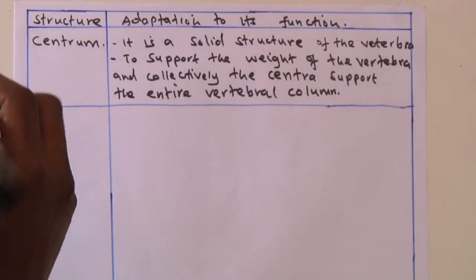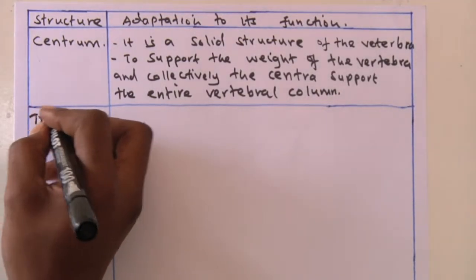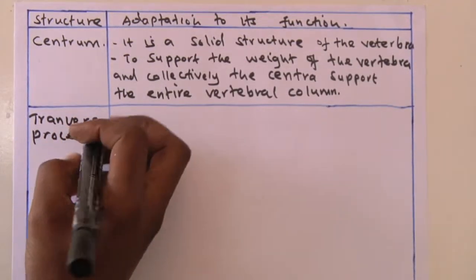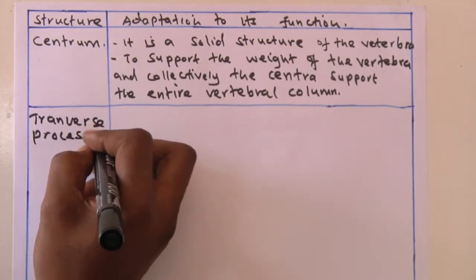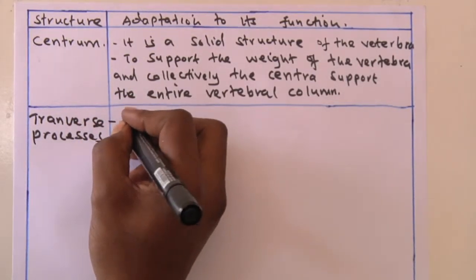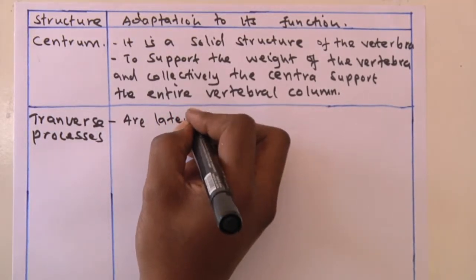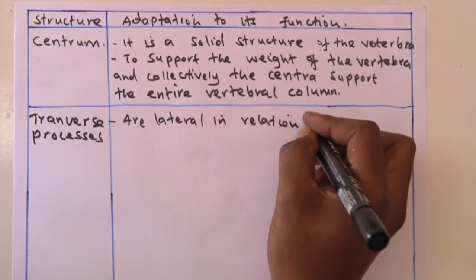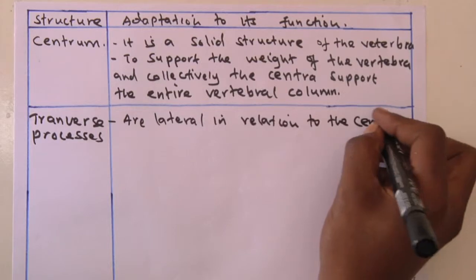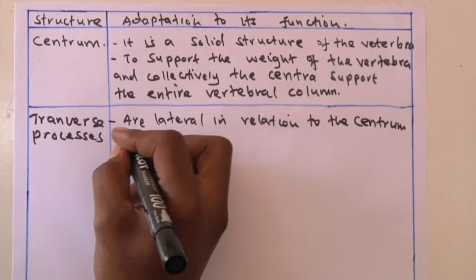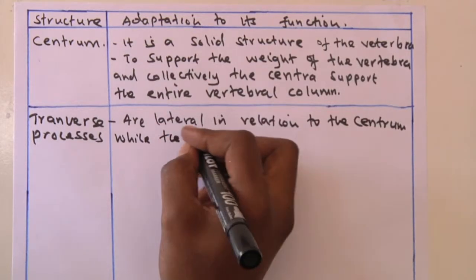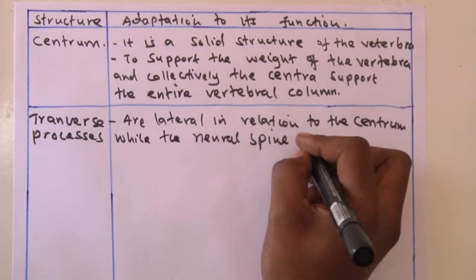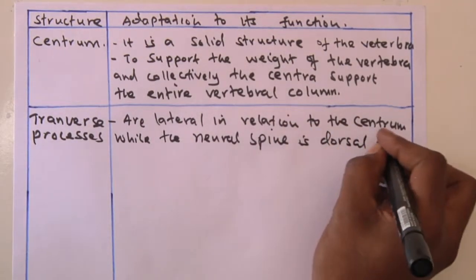So the second part, apart from the centrum, is what we call the transverse processes. And where are they found? They are lateral in relation to the centrum, while the neural spine just adjacent to it is dorsal to the centrum.